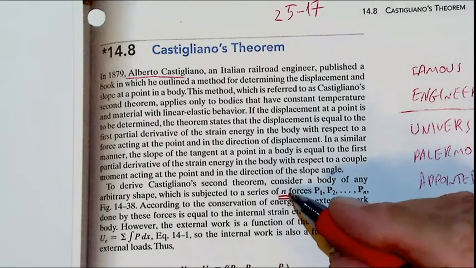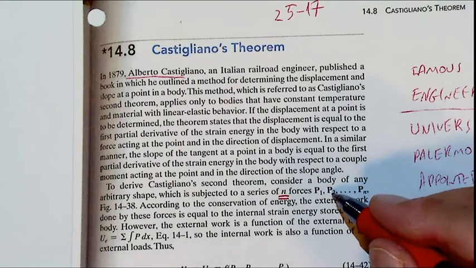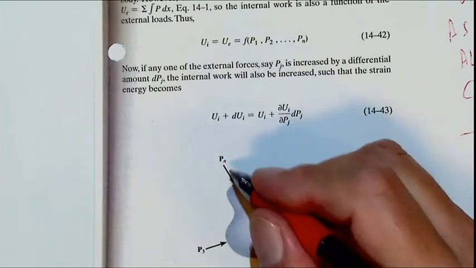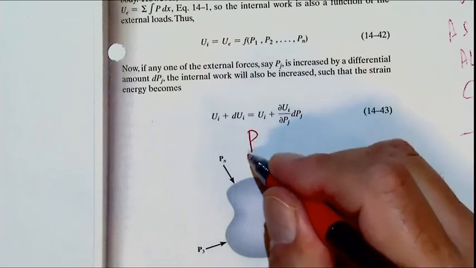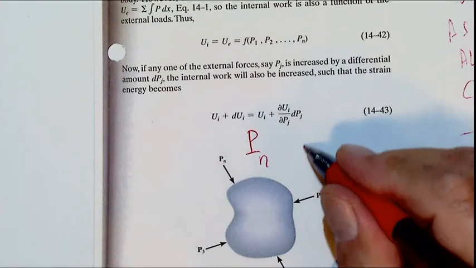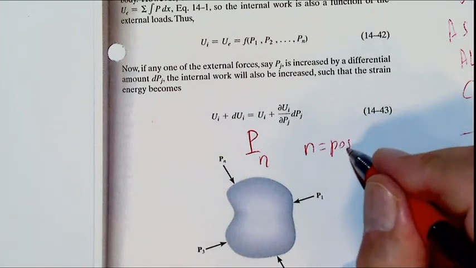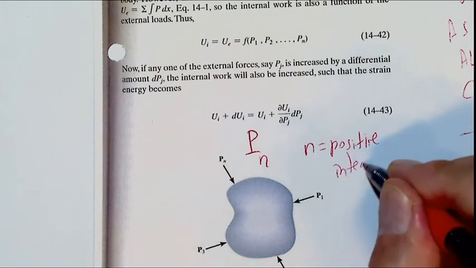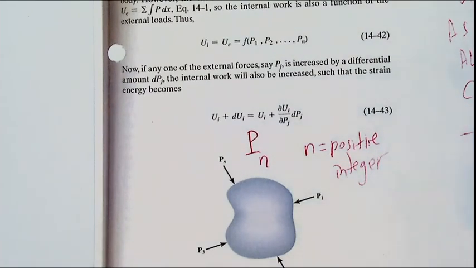But here N is a positive number. So that is P1, P2, P3, and that is P sub N, where N is a positive integer.